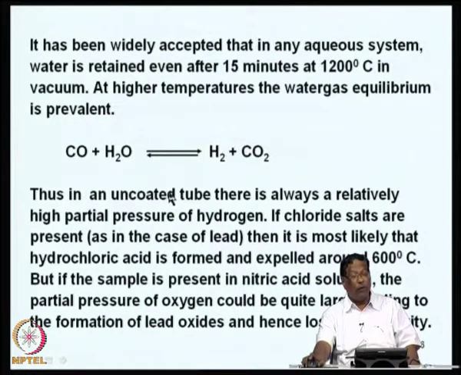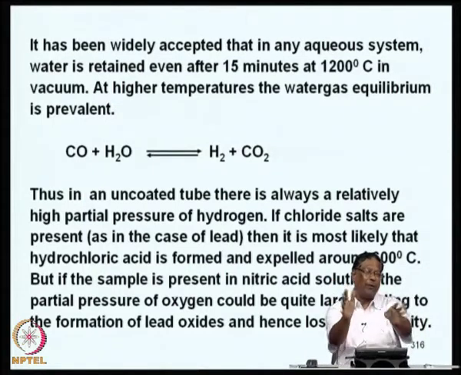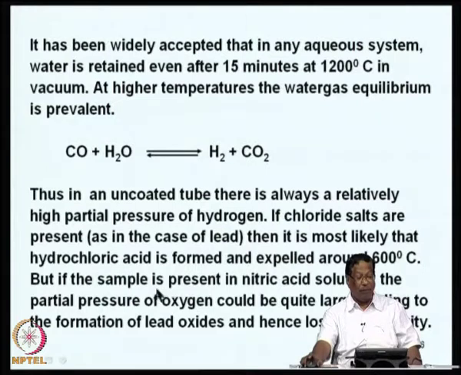Therefore, in the uncoated tubes, there is always a relatively high partial pressure of hydrogen. So, if chloride salts are present, as in the case of lead we have seen, then it is most likely that hydrochloric acid forms in the graphite furnace coming from different sources, but in the vapor phase hydrochloric acid forms. So, if the sample is in nitric acid, the partial pressure of oxygen would be so large that it leads to the formation of lead oxides and therefore loss in sensitivity.